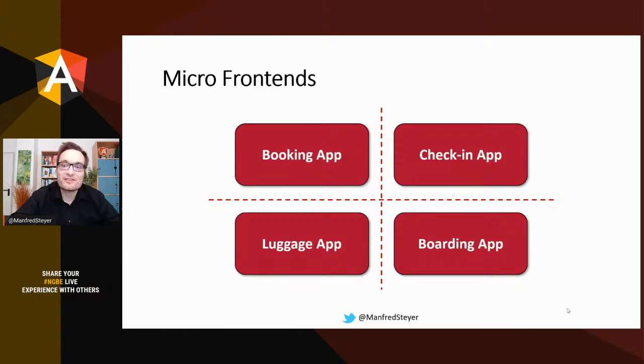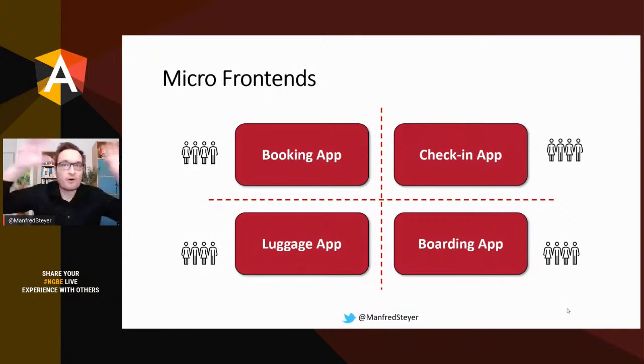That means you can assign one team to all of those applications. For instance, one team to the booking application, one team to the luggage application, one team to the boarding application, one team to the check-in application. You don't go with a big overall flight management system, as you might call this, but you have a lot of tiny applications. And so they can work individually. They don't need to coordinate much with each other.